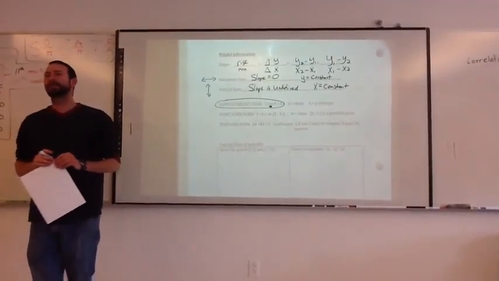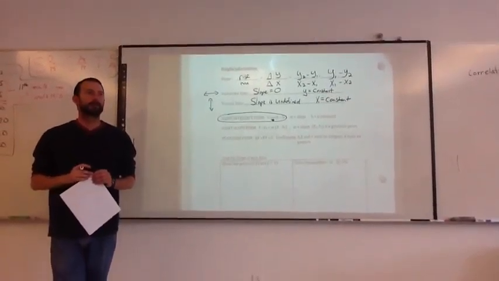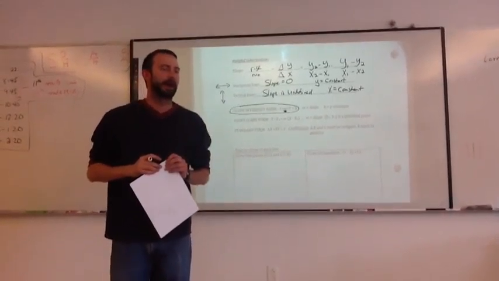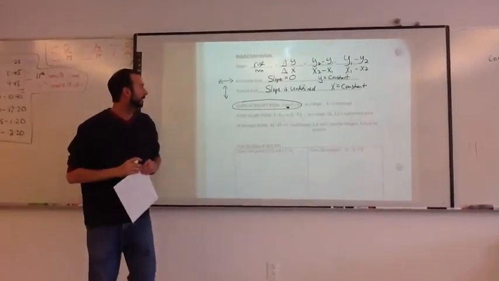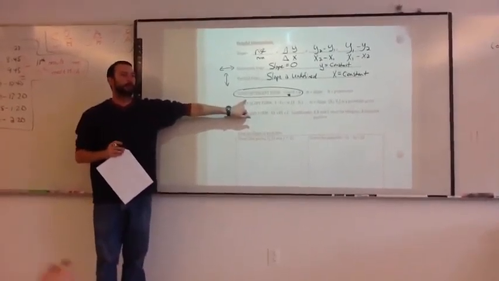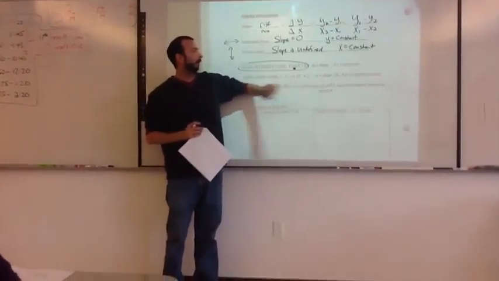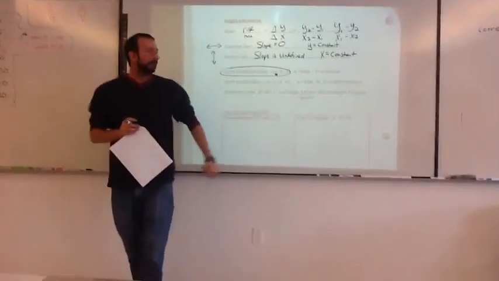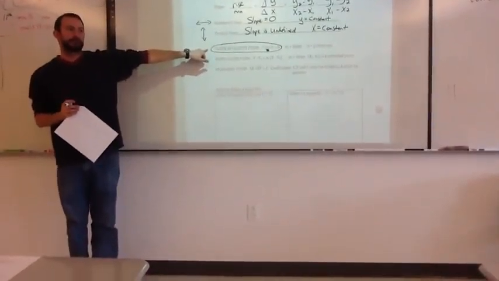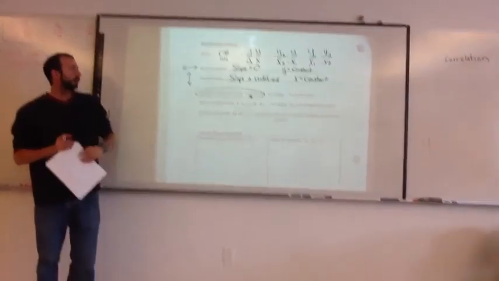The majority of the lines you'll be studying are neither horizontal nor vertical. They are oblique. And this is where we get to use the slope-intercept form, which ties together our slope information and our y-intercept information. This is the format most commonly used. However, there are two other formats.